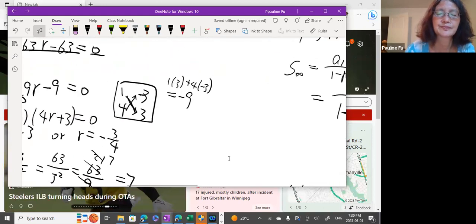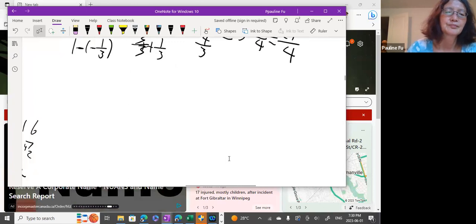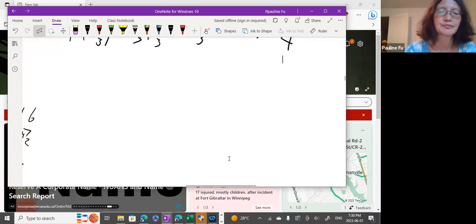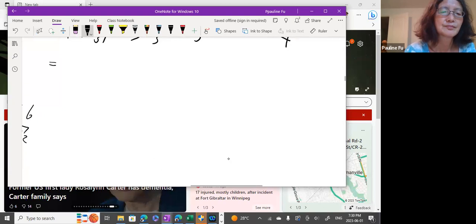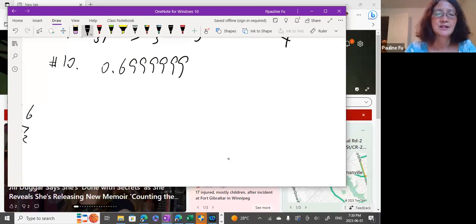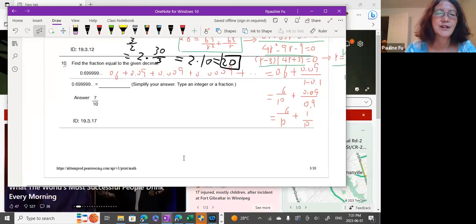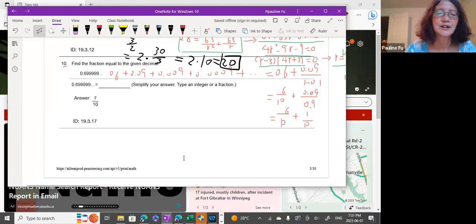Question 10: write down this number as a fraction. That is the question.